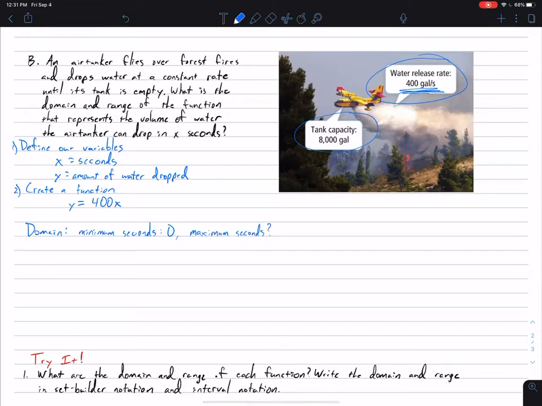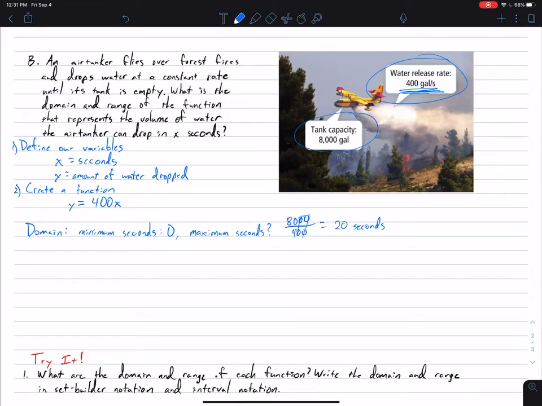Well, we know the tank has 8,000 gallons. And if each second we're dropping 400 gallons, we're going to divide 8,000 by 400. And that is going to give us 20. So the longest amount of time that we can drop water for is 20 seconds.